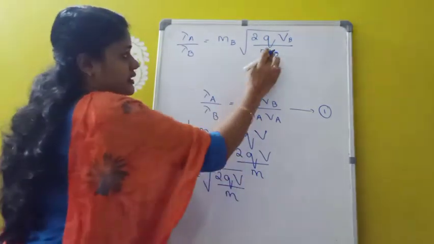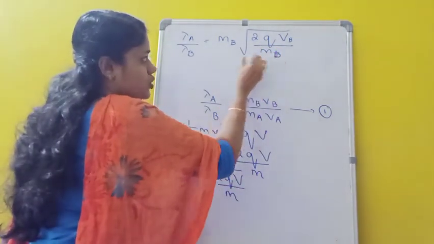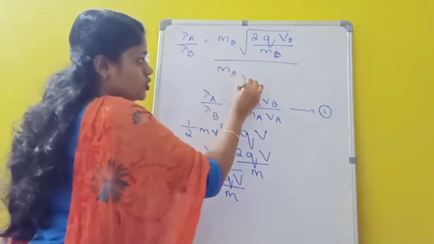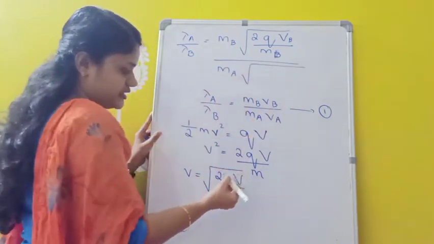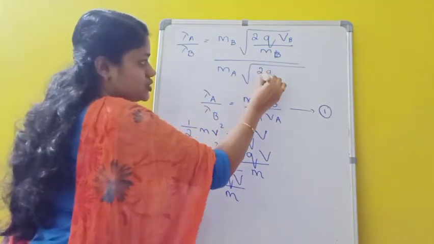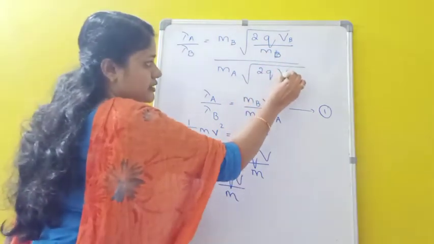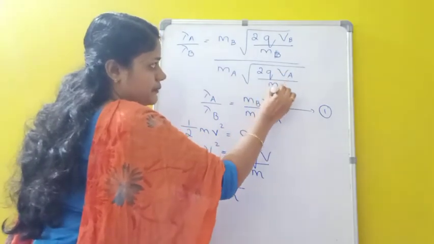The whole divided by Ma into root of, instead of Va, 2q into the accelerating potential of particle A, divided by Ma.